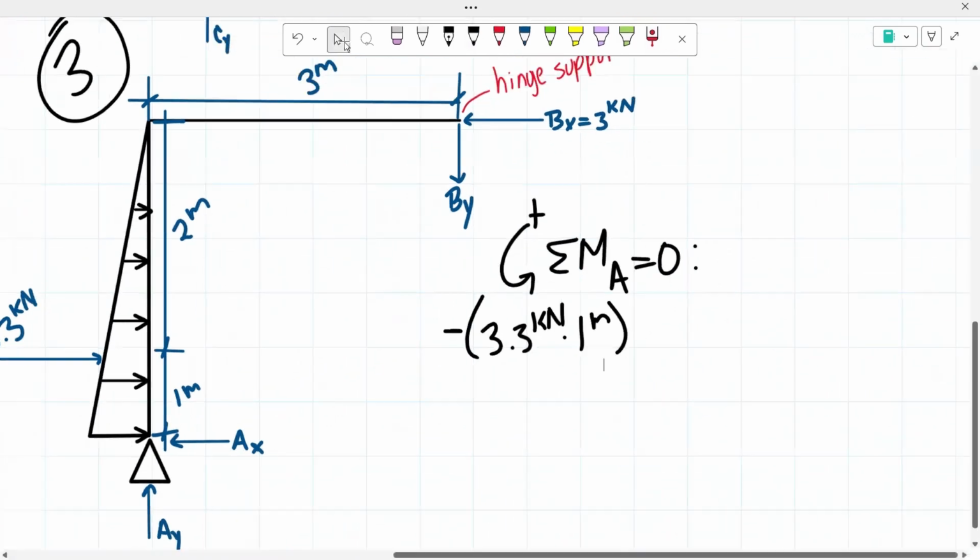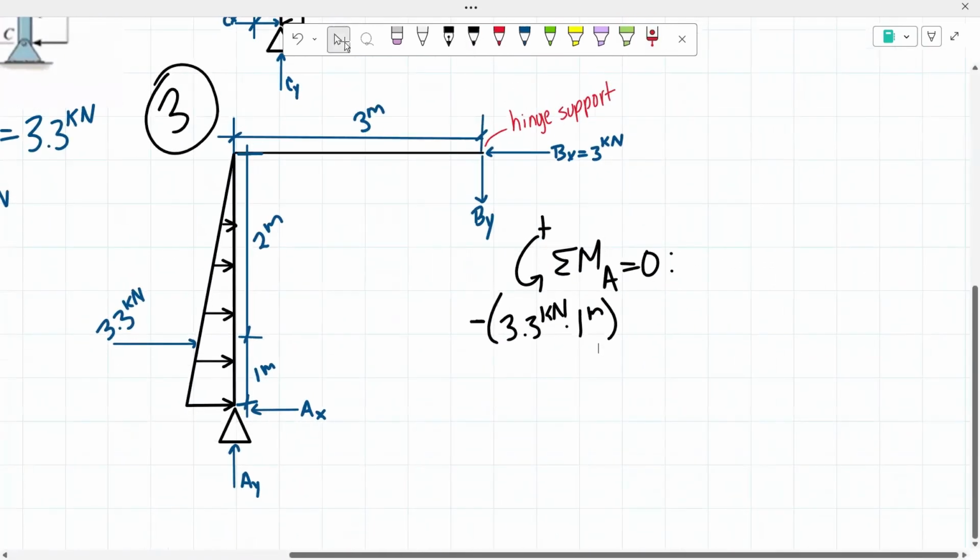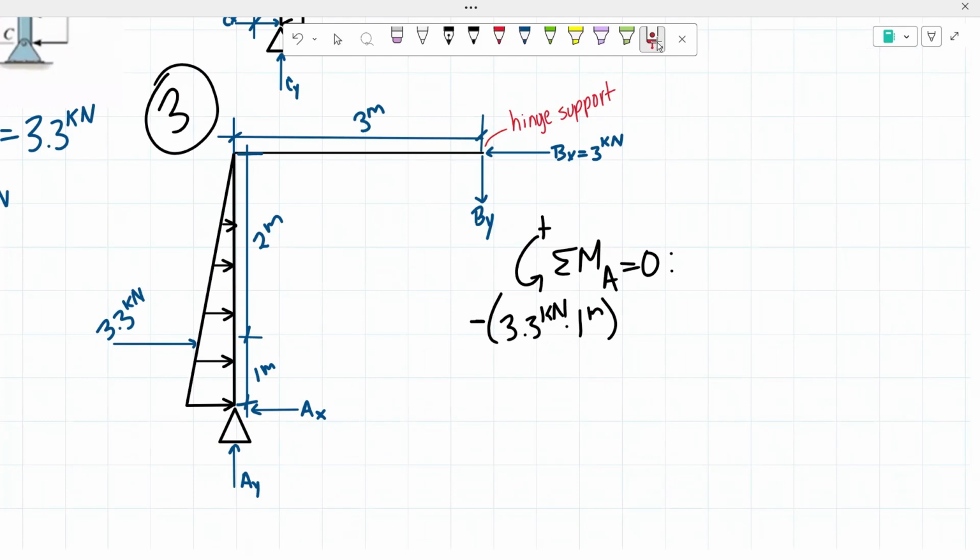From there, we have my reaction B of X, which is going to be creating a counterclockwise moment, so a positive moment, with a force of 3 kilonewtons. And then we know that from here to here, there is a span of 3 meters.